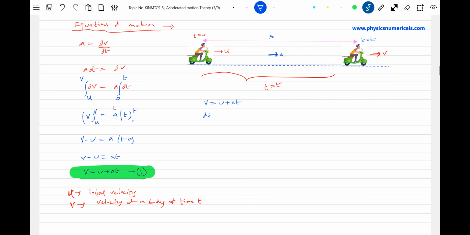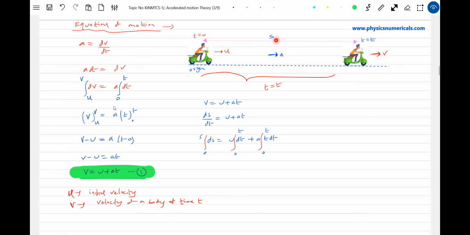What is v? ds by dt. So ds equals u dt plus at dt. Then the limits will be 0 to s, and 0 to t. So at t equals 0, what was the position of the particle? It was here at the origin, so s will be equal to 0.